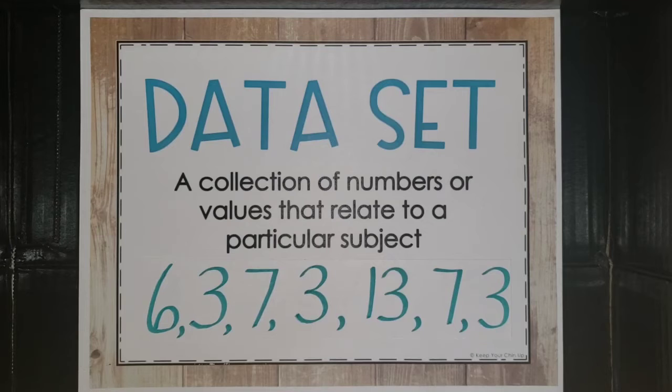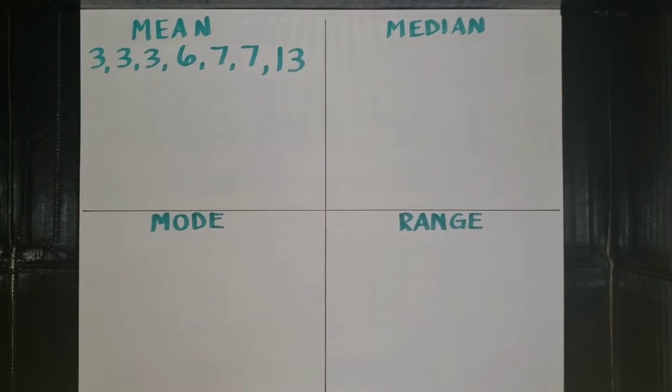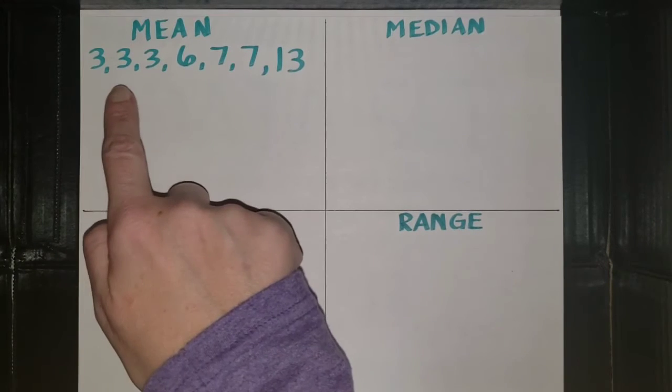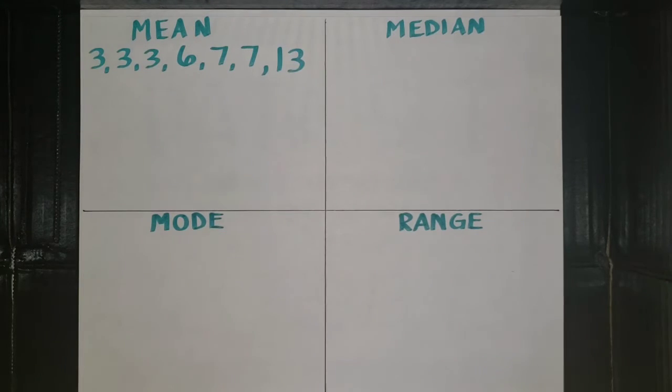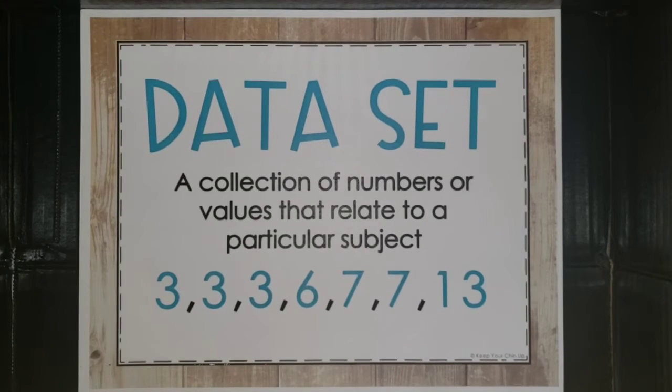What I would like for you to do now is pause the video, and in that paper that you just prepared, in the box labeled mean, I want you to rewrite this list in ascending order from left, the least, to right, the greatest. Right now, your list should look like this: 3, 3, 3, 6, 7, 7, and 13. We'll get back to our workspace in just a moment.